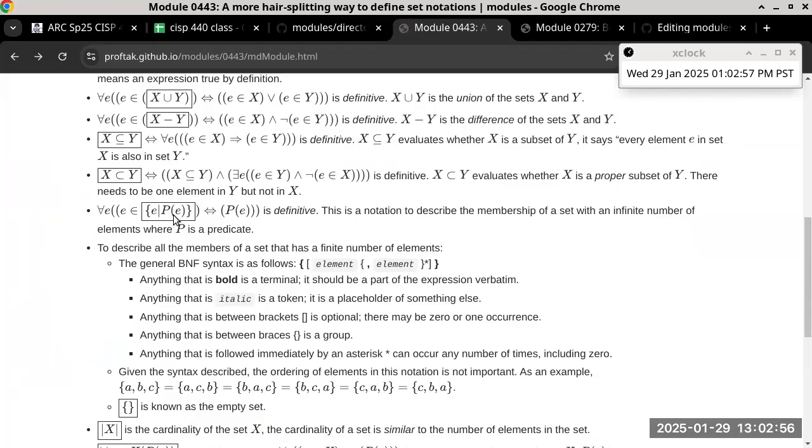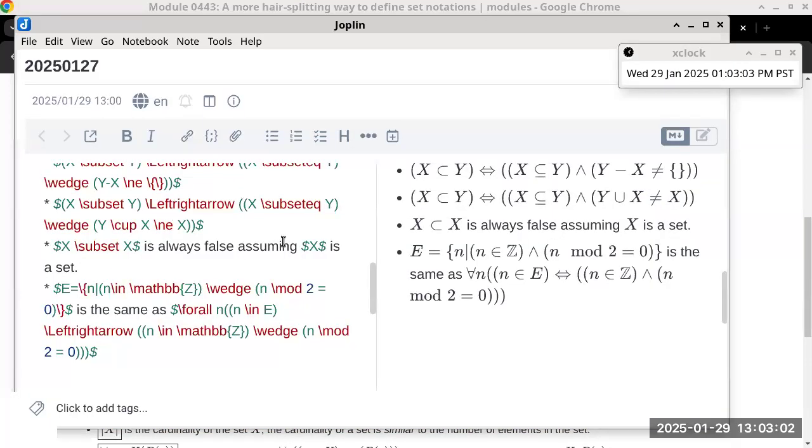P of E is just a placeholder of an expression that involves the use of E. In our example, the P of E basically expands to just this expression here. So basically the predicate that needs to be true for all members inside set E is the highlighted portion.